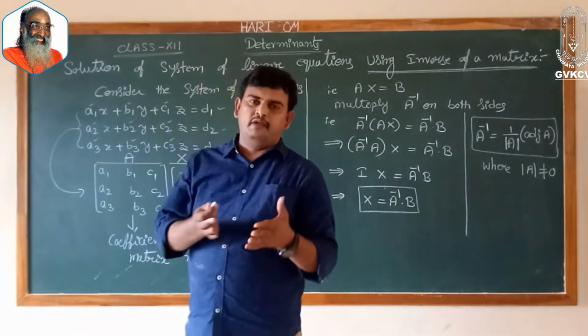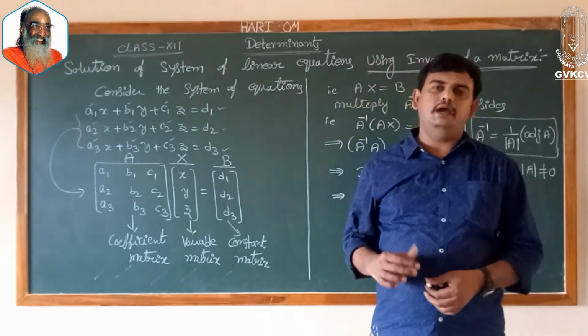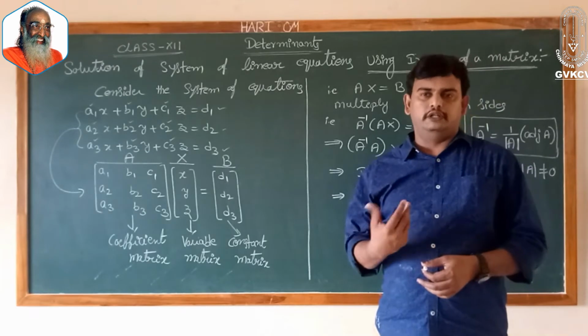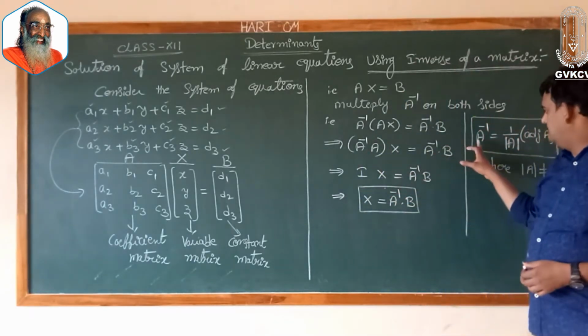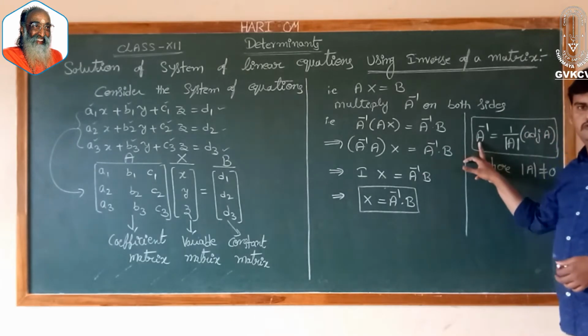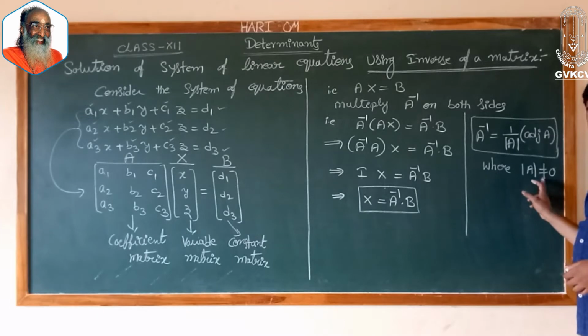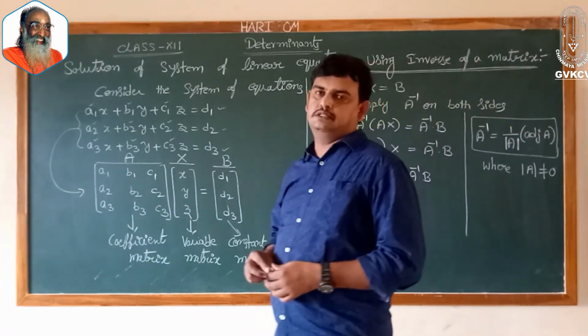As we know, when det A is equal to 0, A inverse does not exist. When det A is not equal to 0, then only we have a solution. So if you want to find A inverse, first we need to find det A. When det A is not equal to 0, then we proceed to find A inverse.